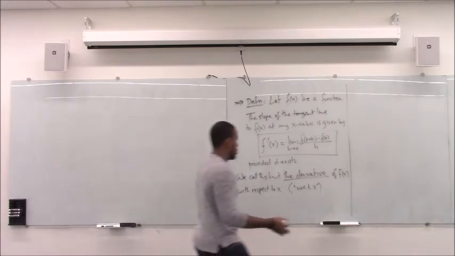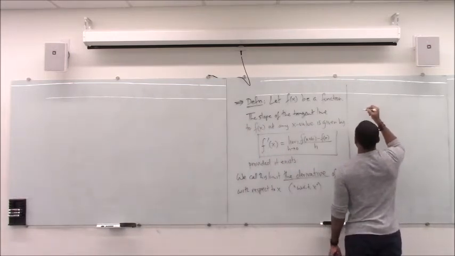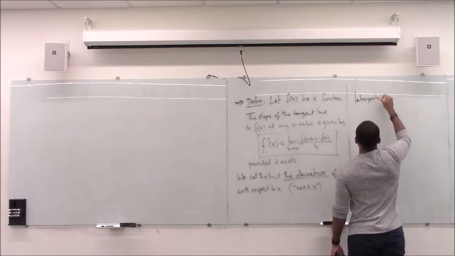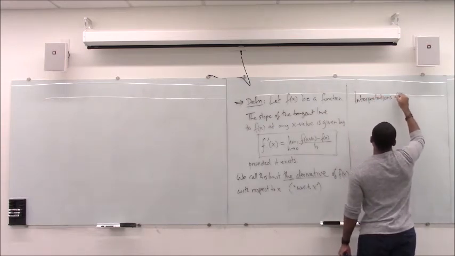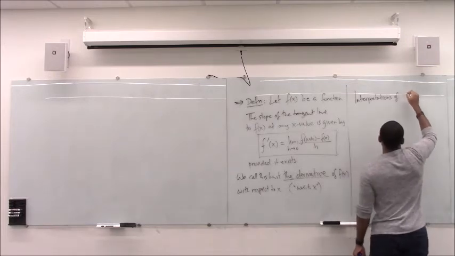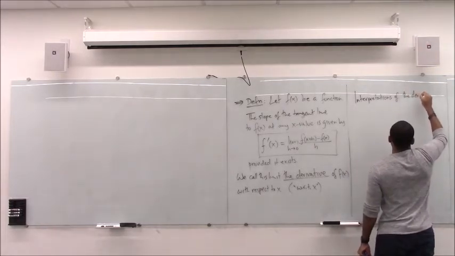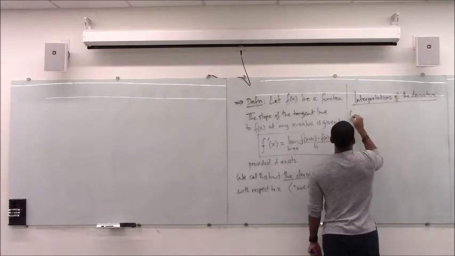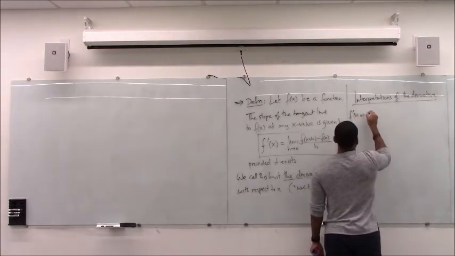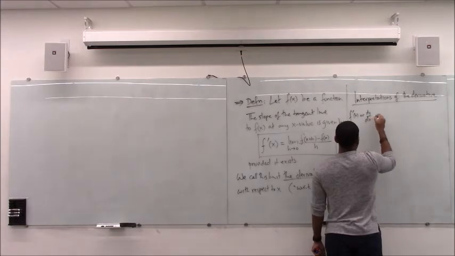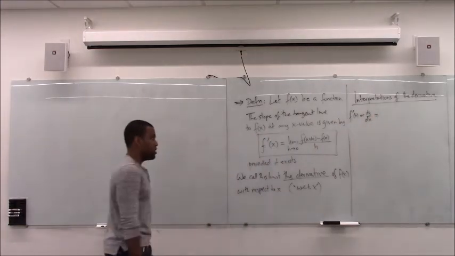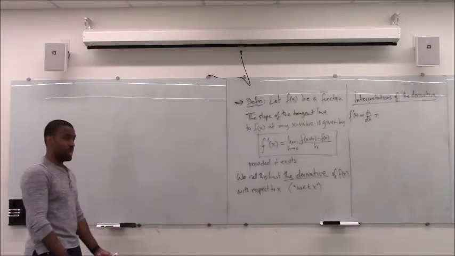One thing you're going to want to know, also, is interpretations. When you see f prime of x, or you see dy dx, what do you think? So contrary to popular belief, you don't take a derivative when in doubt.